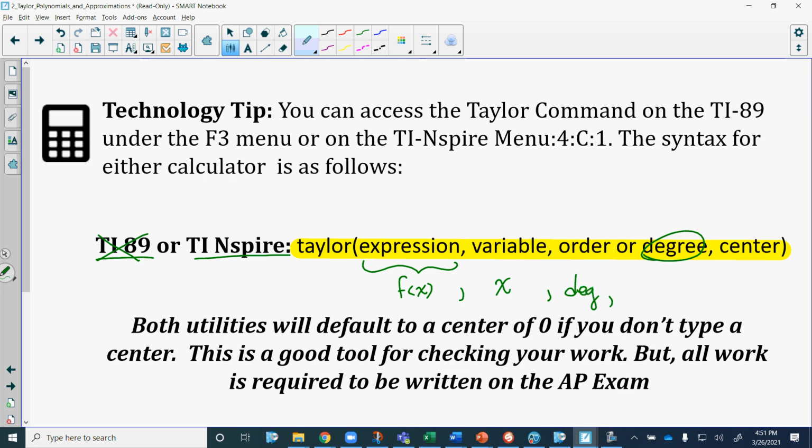And then the center. So when we type it on the calculator, it's going to look like that, although here where it says f of x, you'd actually have whatever your expression is going to be. But that's how you would type it into the calculator in order for the Inspire to produce the Taylor polynomial that we would be working with.